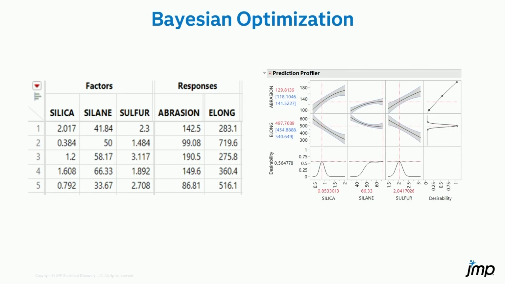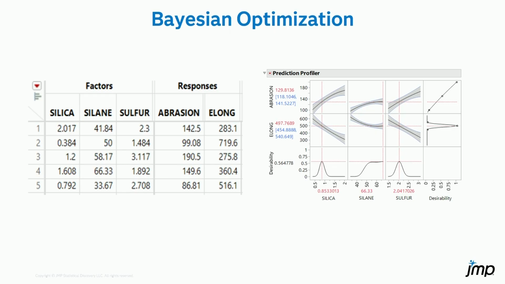So to introduce the platform, I'll use a simple example using a simulated version of the familiar tire tread sample data set. The original data were collected to find an optimal rubber formulation of 3 ingredients: silica, silane, and sulfur for use in tire production.